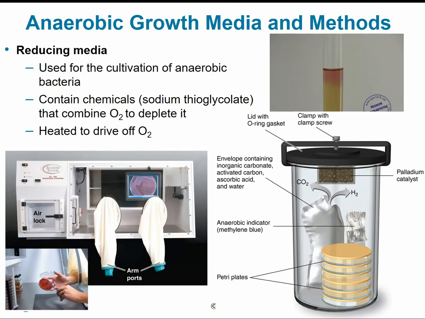We're also able to culture some anaerobic bacteria with special types of growth media and methods. Anaerobic growth requires a reducing media. It contains special chemicals like sodium thioglycolate that will combine with oxygen to deplete it.